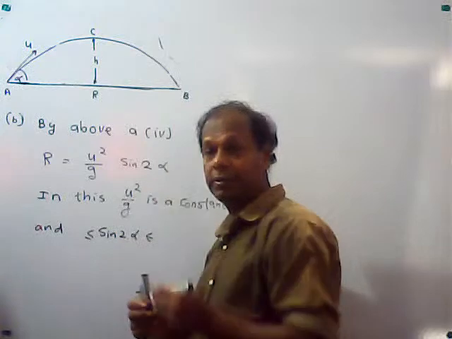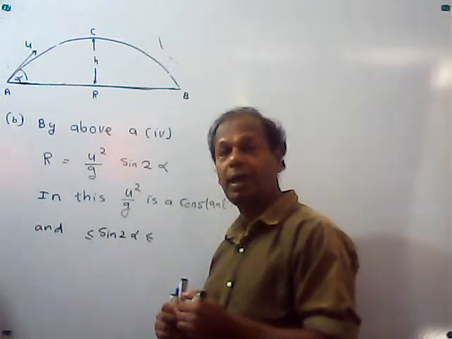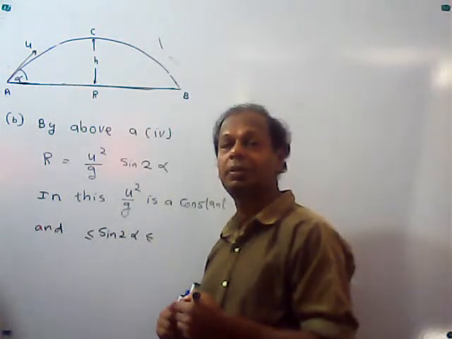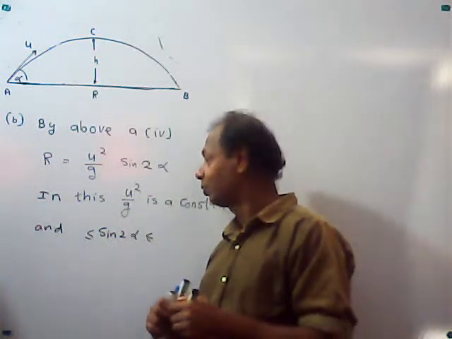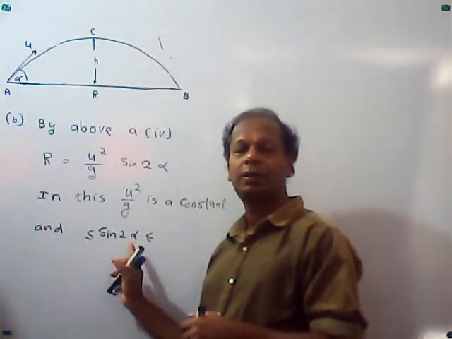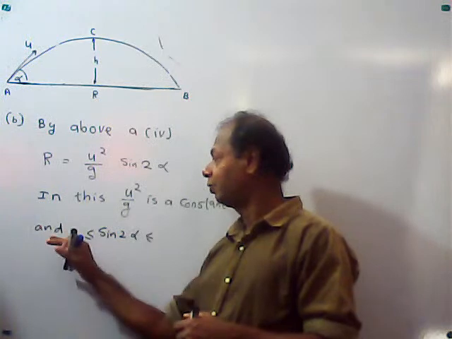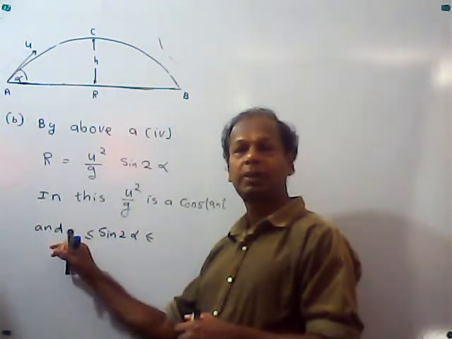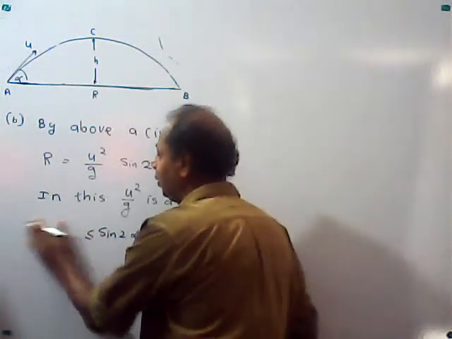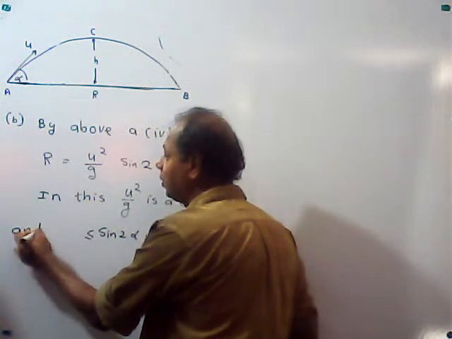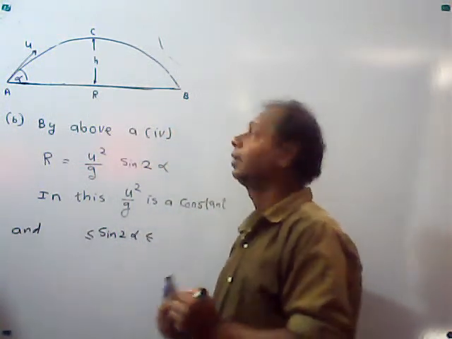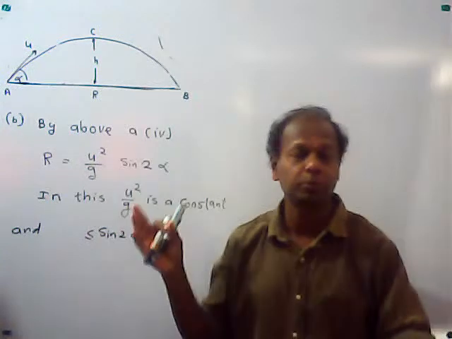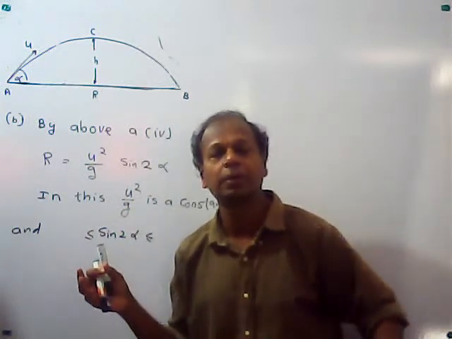Now remember that we are in applied maths, not a pure maths lesson. Theoretically, sine 2 alpha can fall in the range from -1 to +1, but this is applied maths, and we are talking about more practical things.